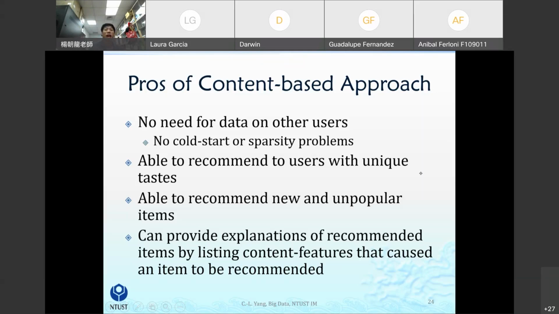So obviously, here are some pros. You don't need data on other users, right? So it won't have a cost problem or a sparsity problem, because there are no ratings involved. It's just simply checking the items' characteristics, right? Characteristics mean, for example, one pair of shoes versus another pair of shoes, and the contents are the shoes' descriptions. You use TF-IDF to get the idea.